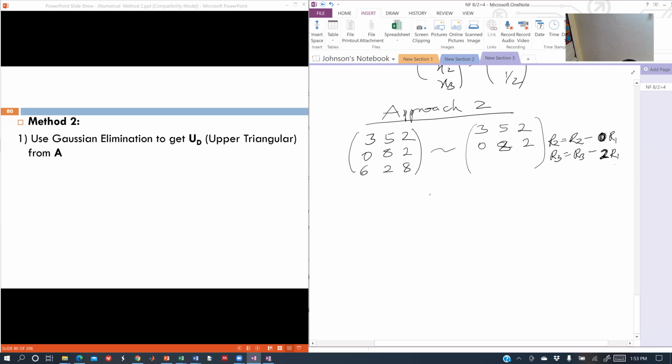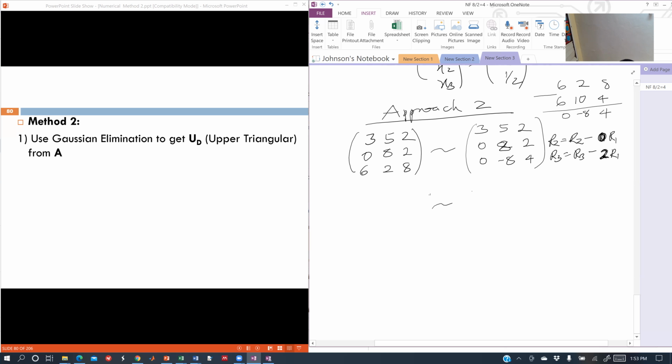And so when I do that elimination, what am I going to have? 6, 2, 8 minus 2 times row 1, which is 6, 10, 4. So subtract, and that will give me 0, negative 8, 4. And so 0, negative 8, 4.